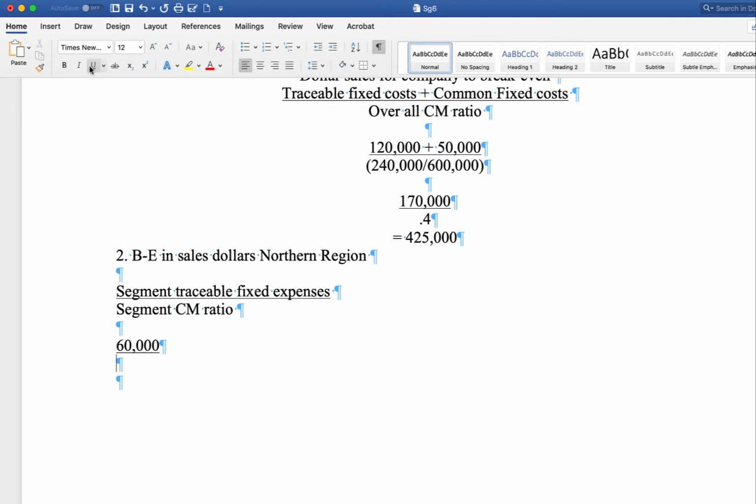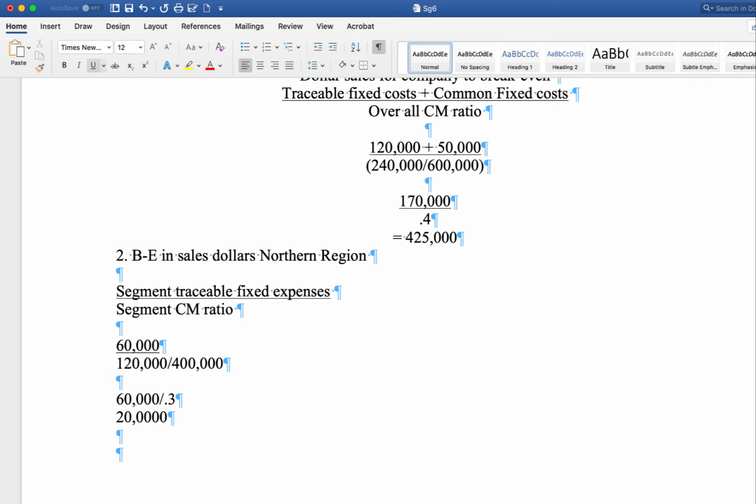Well, they don't give me the CM ratio, but I do know that the contribution margin for the north region is $120,000 divided by the sales, which is $400,000. I then end up with $60,000 divided by 0.3, or 30%. The break even in sales dollars just for the north region is $200,000.